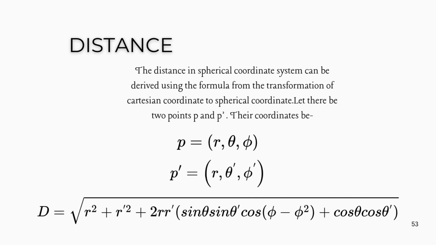Suppose there are two points, P and P prime. Their coordinates are P equal to r, theta, phi, and P prime equal to r prime, theta prime, and phi prime.